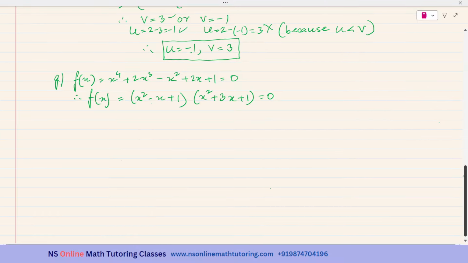And we cannot factorize any of them, so we have to use the quadratic formula.